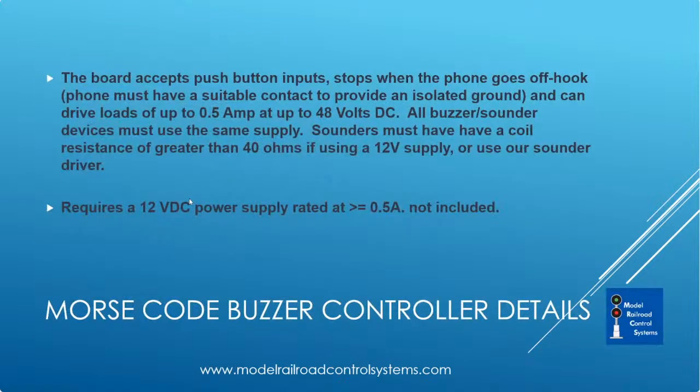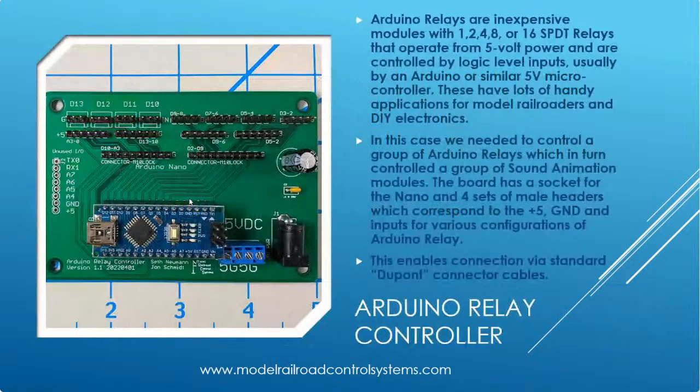Okay, more details. Here's a little bit more of a platform product. There's a device called an Arduino relay, which I'll get to in a minute, but these are very inexpensive modules that allow you to use logic level 5 volt out. That's why they're called Arduino relays, because typically they're driven by Arduinos. And they provide as many as 16 single pole double throw relays.